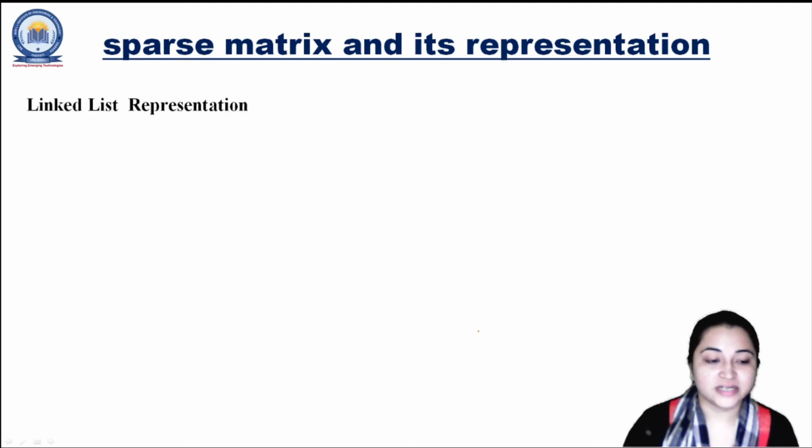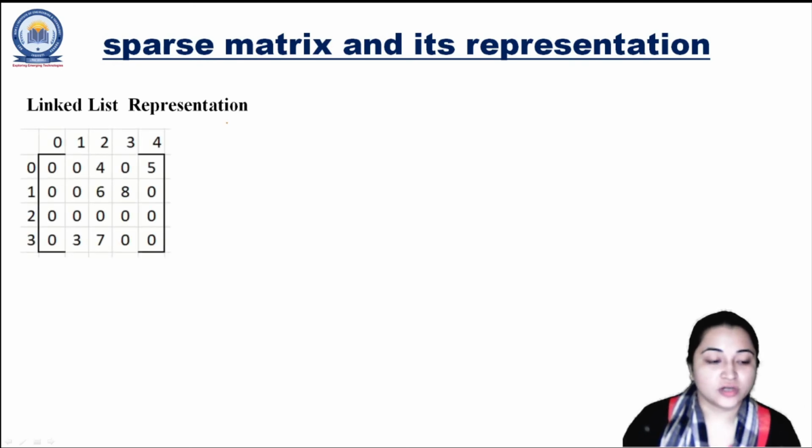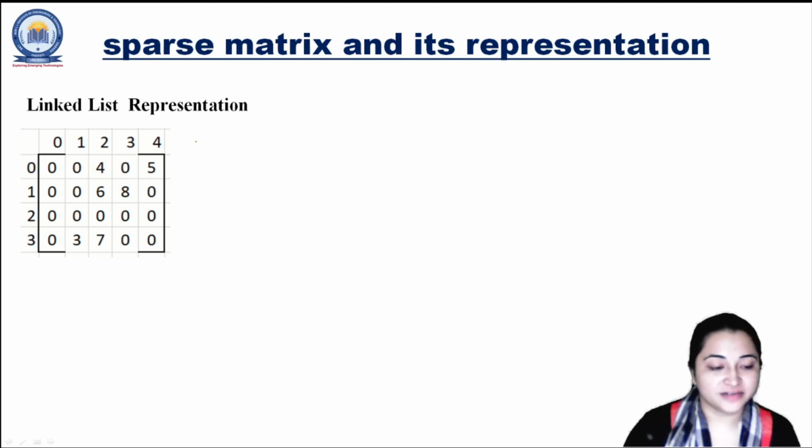Let us now see the linked list representation of a sparse matrix. We can also compress a sparse matrix using a linked list. Here we need to keep track of 4 values: a non-zero value, row number, column number and the address to the next node.